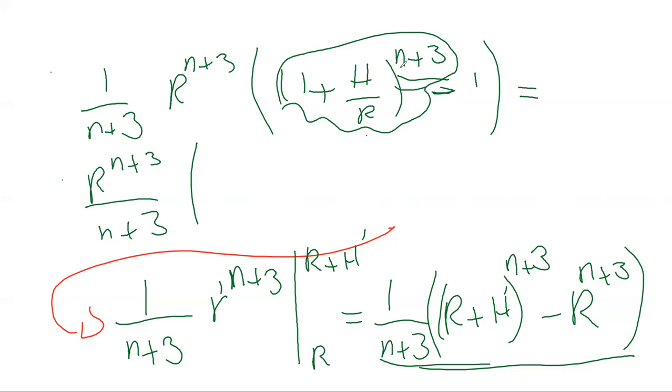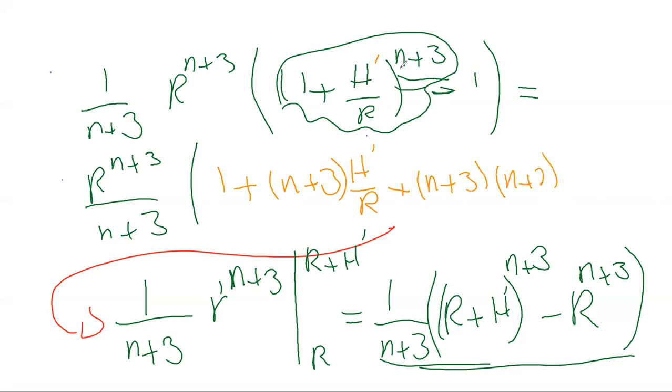So binomial, so it's 1 plus (n+3) h over R, or h prime, plus (n+3)(n+2) h prime squared over 2R squared, and so on, minus 1.